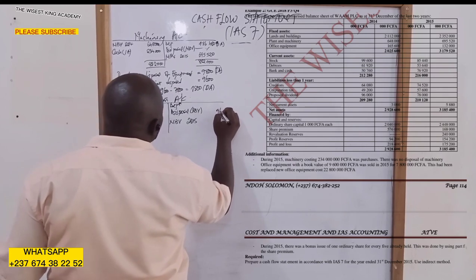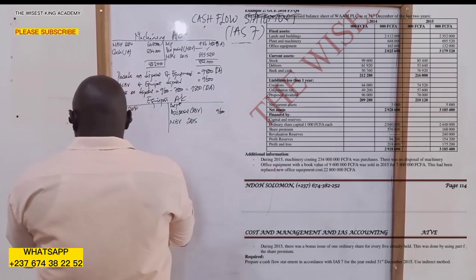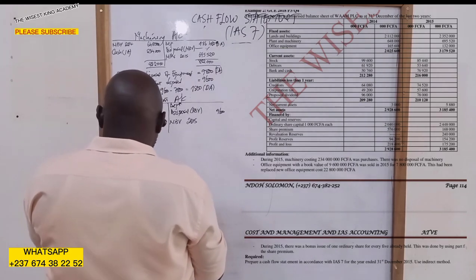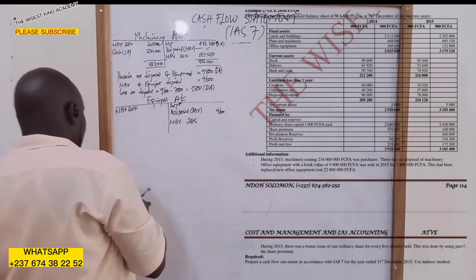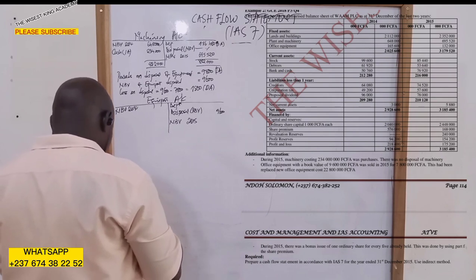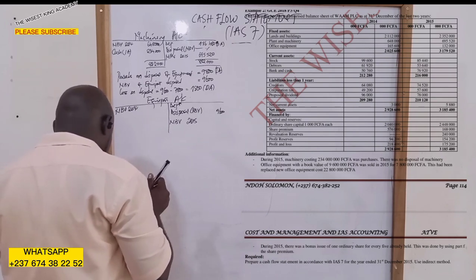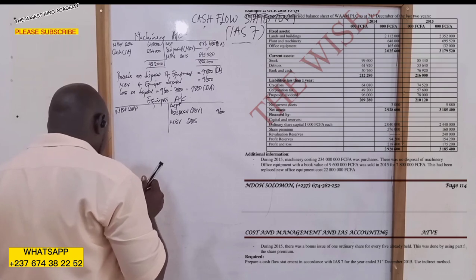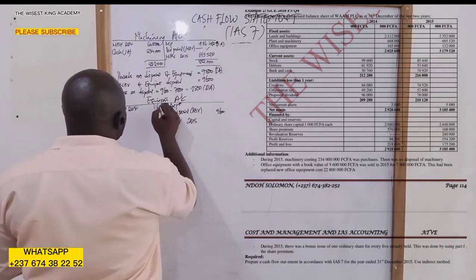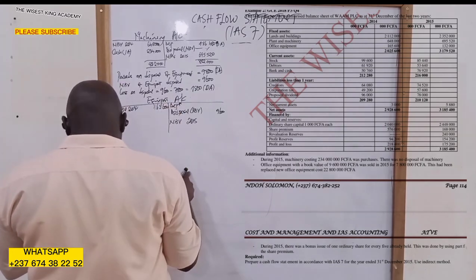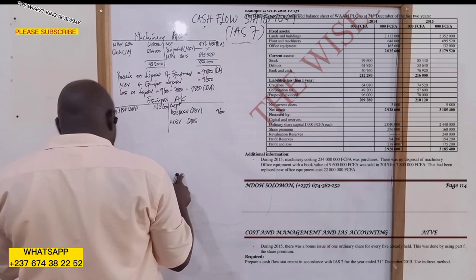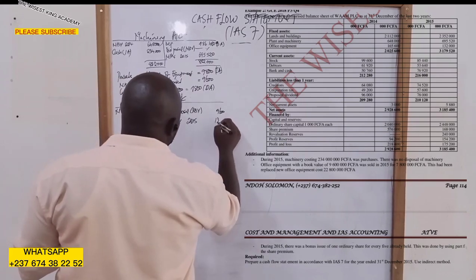We disposed for 9,600. Now let's get the values of office equipment. 2014, 165,600. 2015, 132,000.